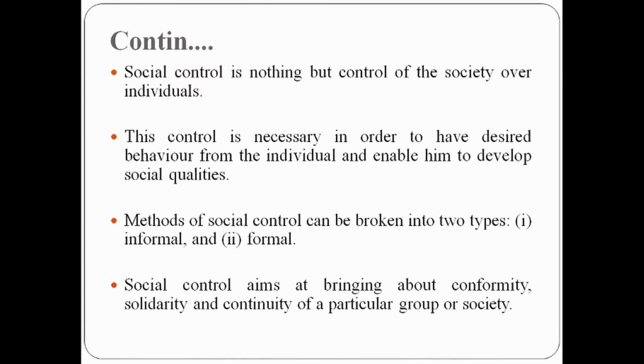Methods of social control can be broken into two types, formal and informal. Formal social control comes from institutions such as law, legislation, military force, and administrative, political, educational and economic devices. Informal social control is often maintained by mechanisms such as public opinion, sympathy, sense of justice, norms, values, folkways, custom, religion, morality, fashion, etc. Social control aims at bringing about conformity, solidarity, and continuity of a particular group or society.